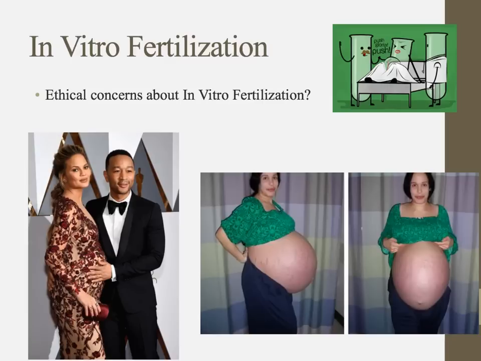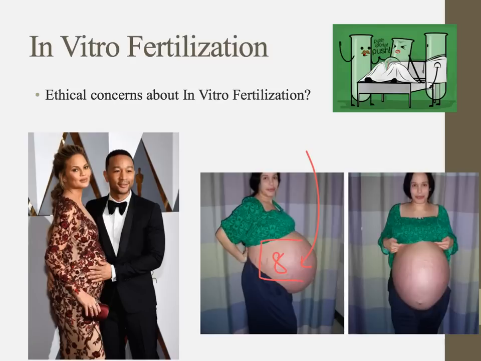Okay, so in vitro is pretty amazing. The science behind it is incredible. There are some ethical considerations in terms of what we do with the leftover embryos. Do we kill them? Is that killing a living thing? Do we implant them all, like all 8 of them, let's say, and then put those fetuses under a great amount of stress?